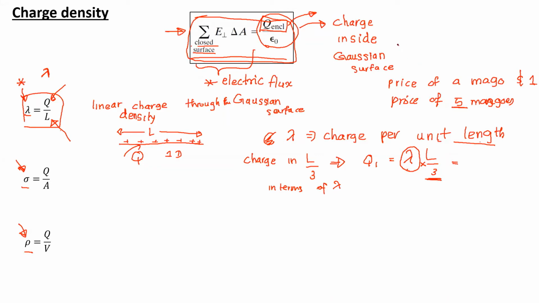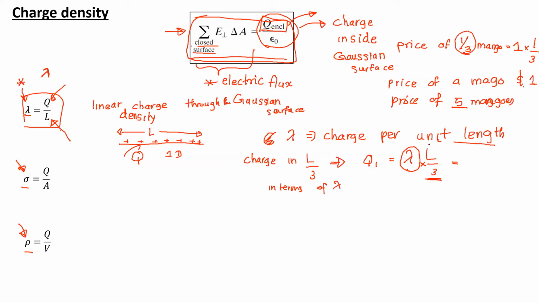In the mango story, can you tell me the price of 1 over 3 mangoes? You would multiply 1, the price of one single mango, by 1 over 3.